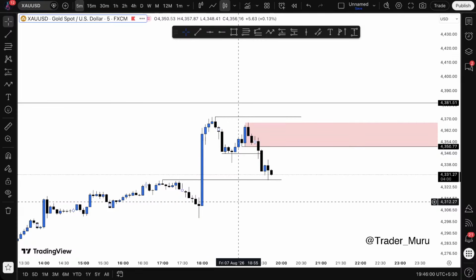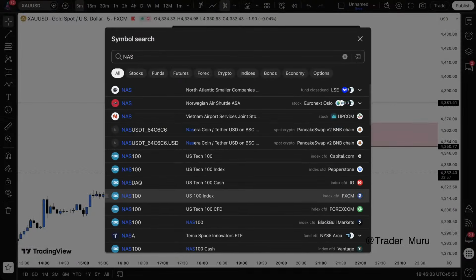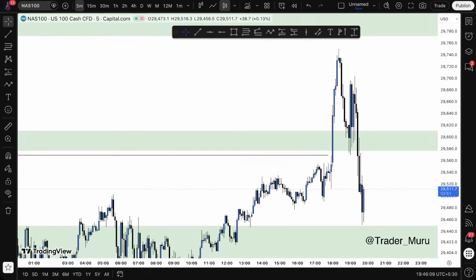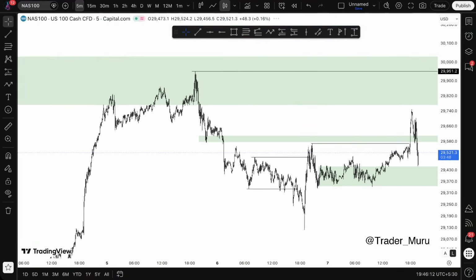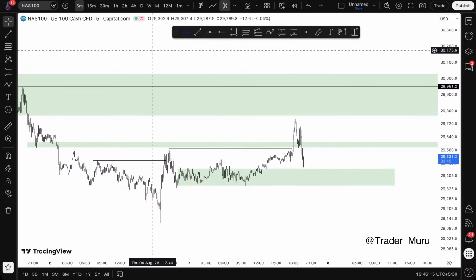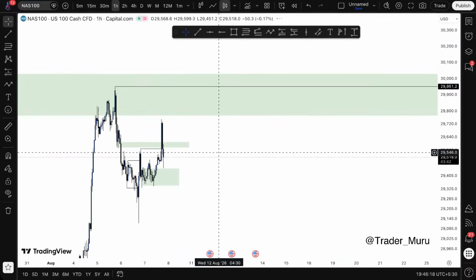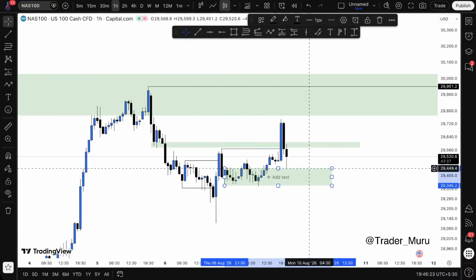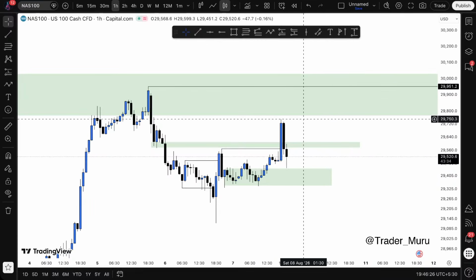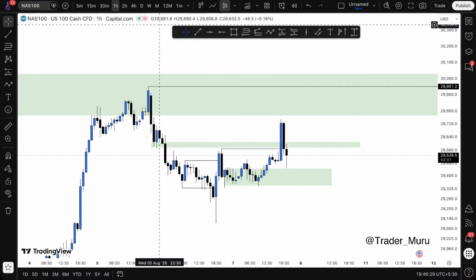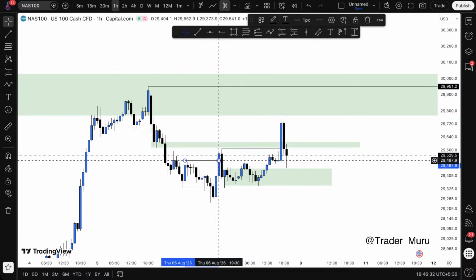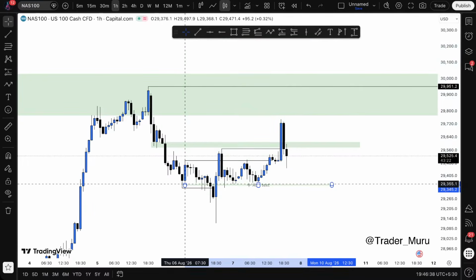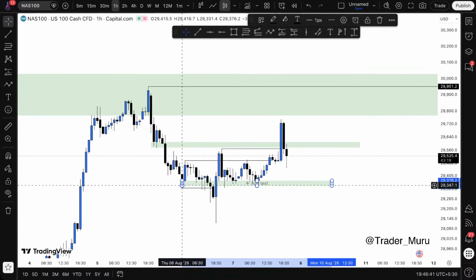Can you check NAS 100 again? NAS 100. Still bullish, a break of structure, green zone over, it can pump. 1 hour is bullish here, so majorly it is likely to test this area and again pump.